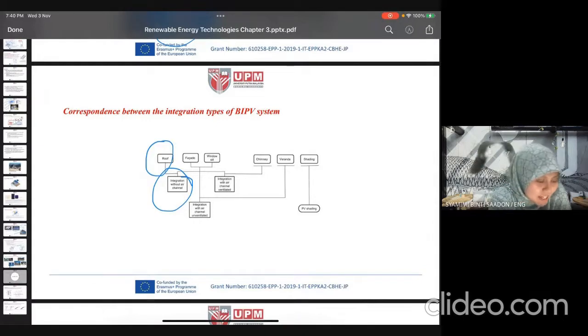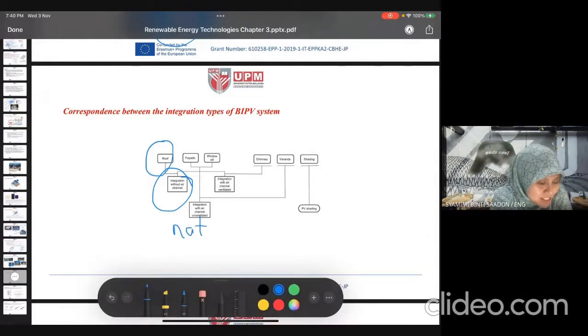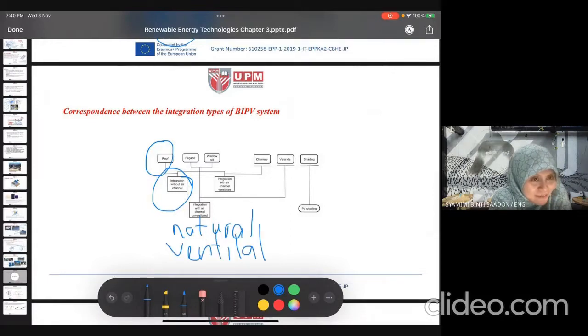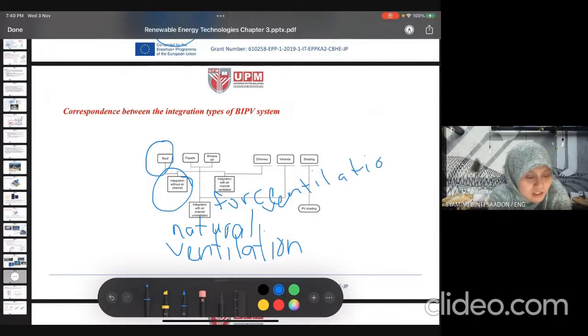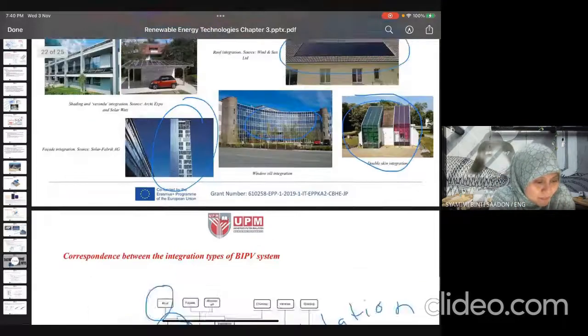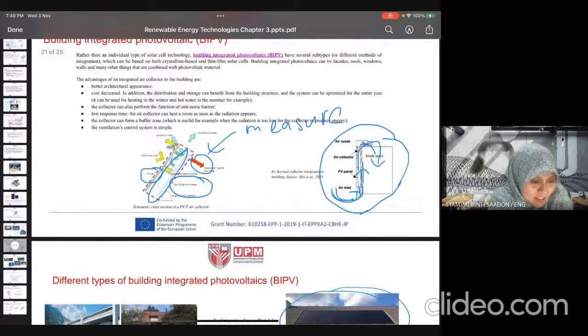Unventilated means natural ventilation, just outside air. But with an air channel, ventilated, sometimes we have a ventilator like a fan. This process is what we call forced ventilation. Forced means that we put in auxiliary power to force the ventilation in the air gap, the air channel, in the air collector just now.